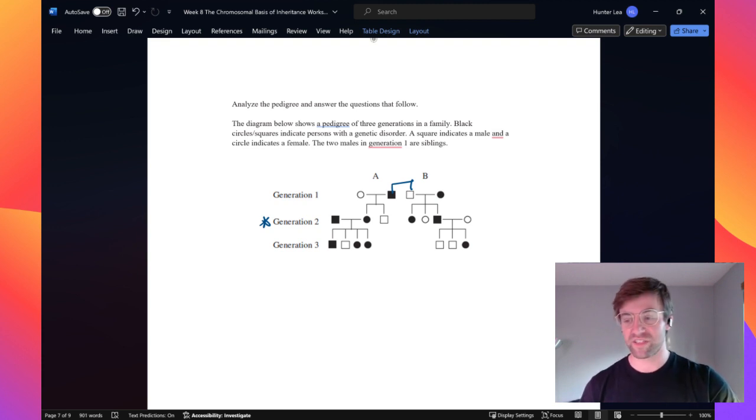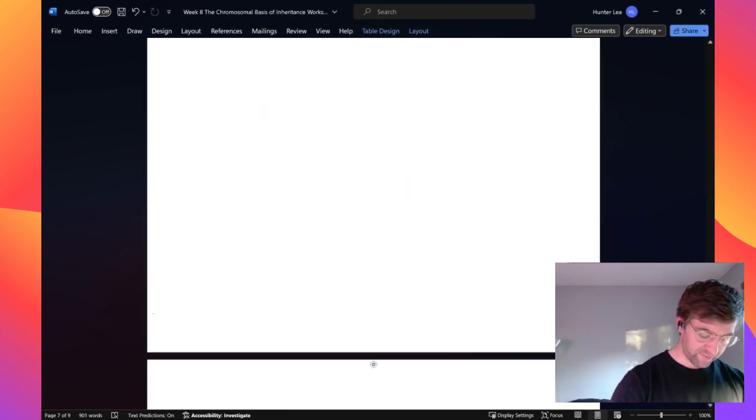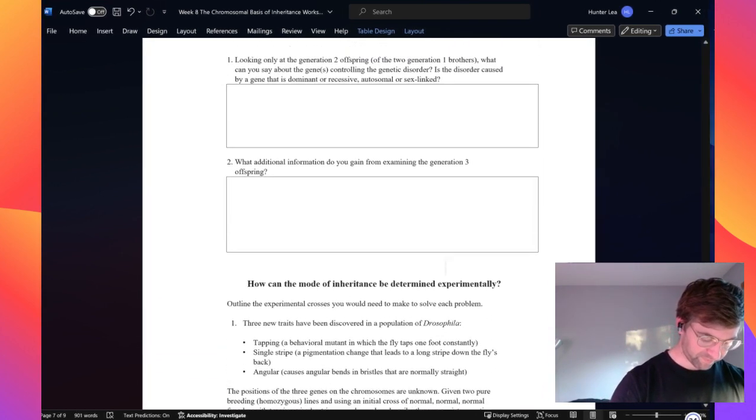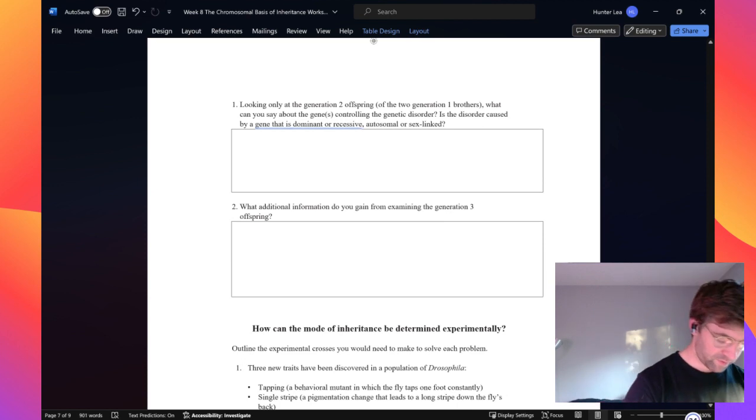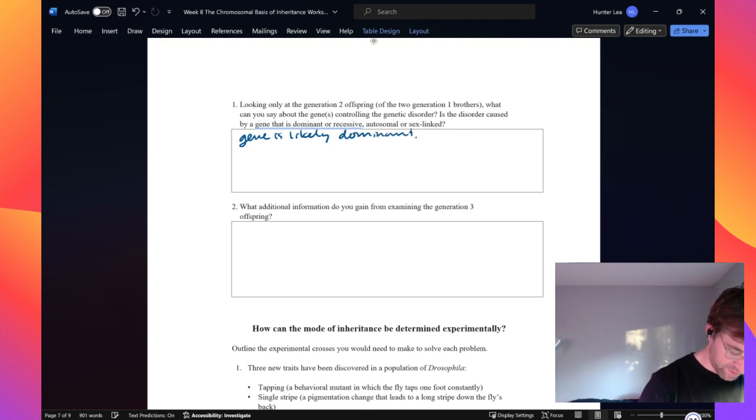So this is much less likely, though it is a possibility. So most likely, let's go ahead and write this. Gene is likely dominant.